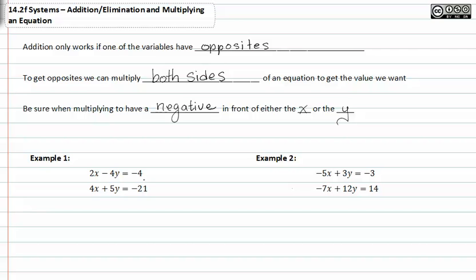If we look in example 1, we see that if we multiply the first equation, labeling them 1 and 2, if we multiply the first equation by -2 all the way through the whole equation, we would get an equation that's opposite of 4x, and they would drop out.